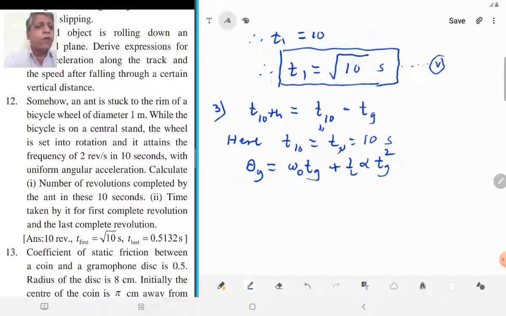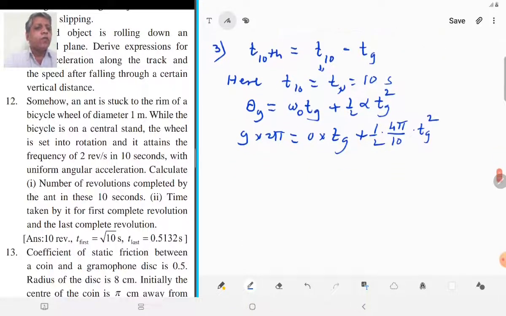Therefore, for 9 revolutions, it is equal to 9 into twice pi is equal to 0 into T9 plus half 4 pi upon 10 into T9 square.